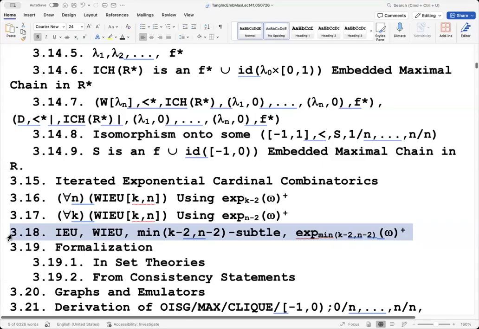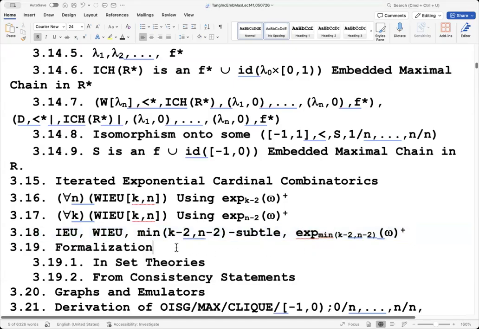And then instead of doing double cases, you can actually talk about min of K minus 2, N minus 2. Subtle. So you can get away with this kind of cardinal instead of splitting. You can use the min.